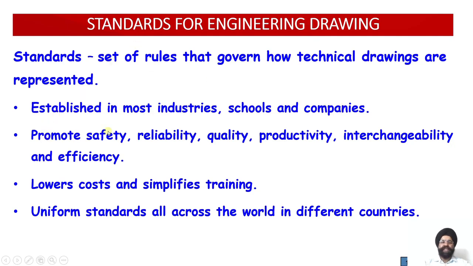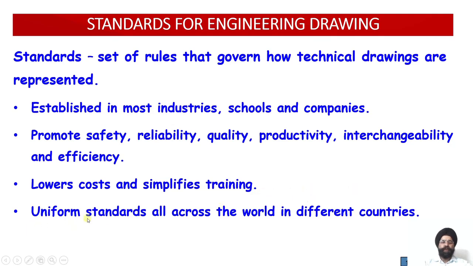They promote safety, reliability, quality, productivity, interchangeability, and efficiency of manufacturing. The standards also help us lower the cost by minimizing the errors which might creep into the drawings if we are not following those standards. Besides that, these standards also simplify the training of engineers in all parts of the world.